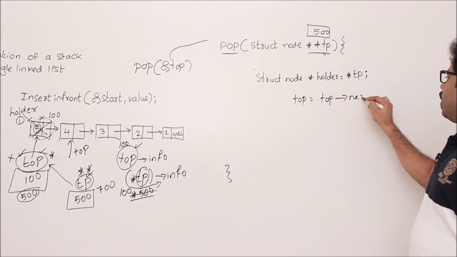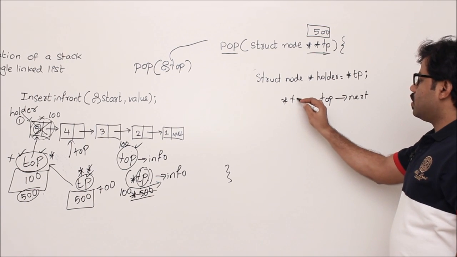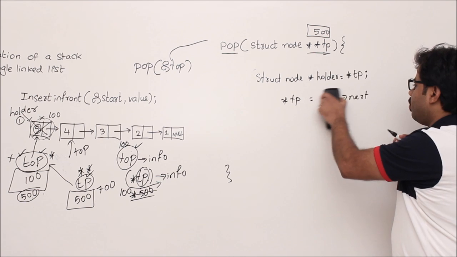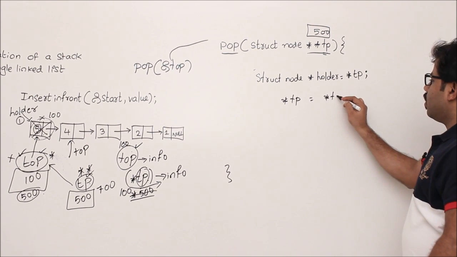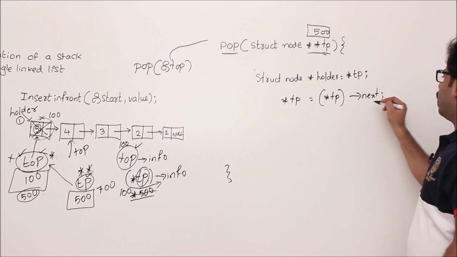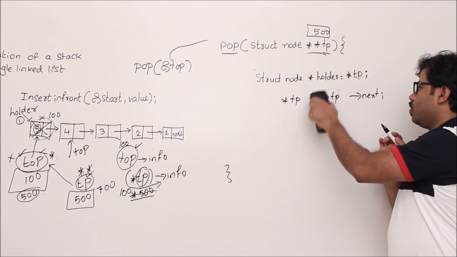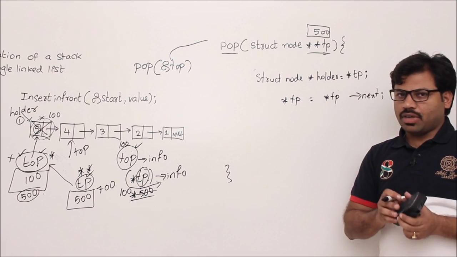But again same story. Top is not visible here, we have *TP. Then here it will be (*TP)->next. Sir, is this brace compulsory? If that is your question, you should consult the precedence table of C programming.